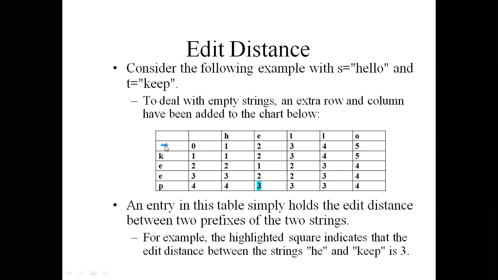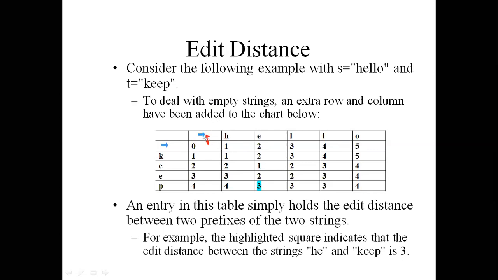This one extra row, this one extra column. So these two are used for the null string.